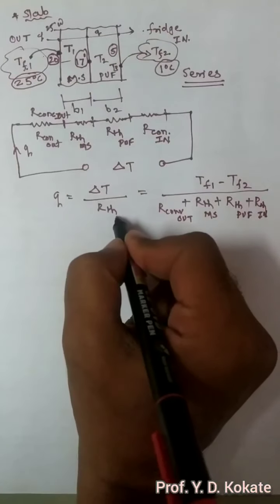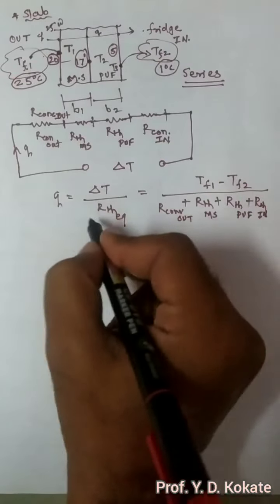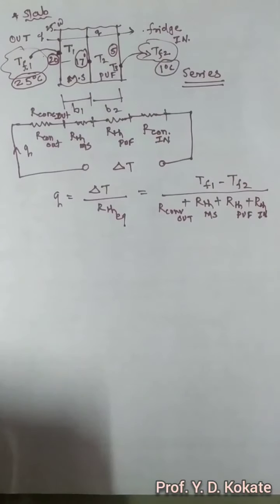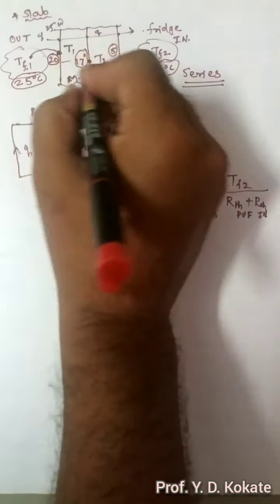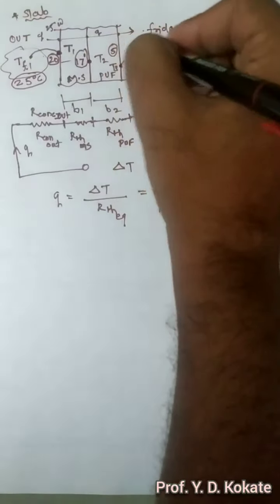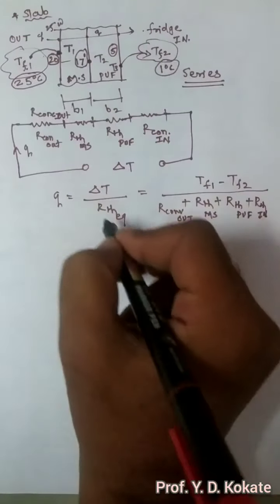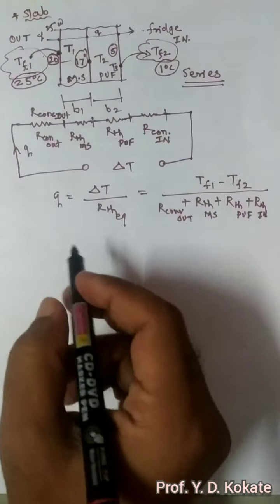So this RTH, if there is a single material, at that time I write it down as RTH. But here there are two materials, along with two convections, inner and outer side. So this RTH will become RTH equivalent.